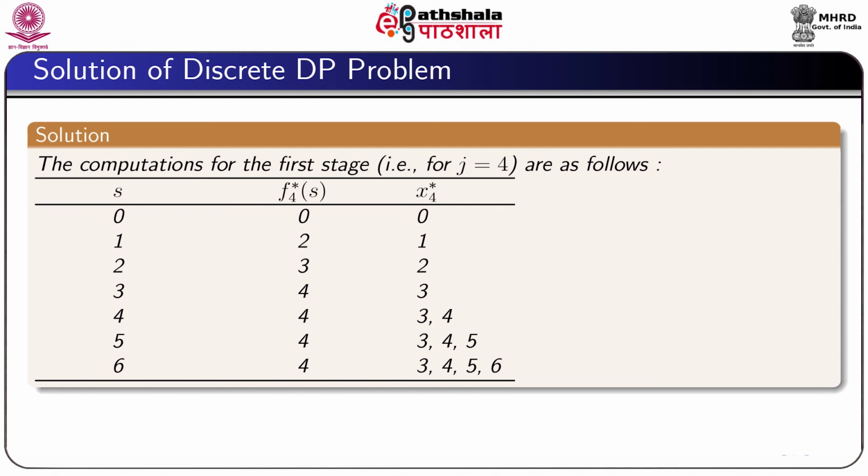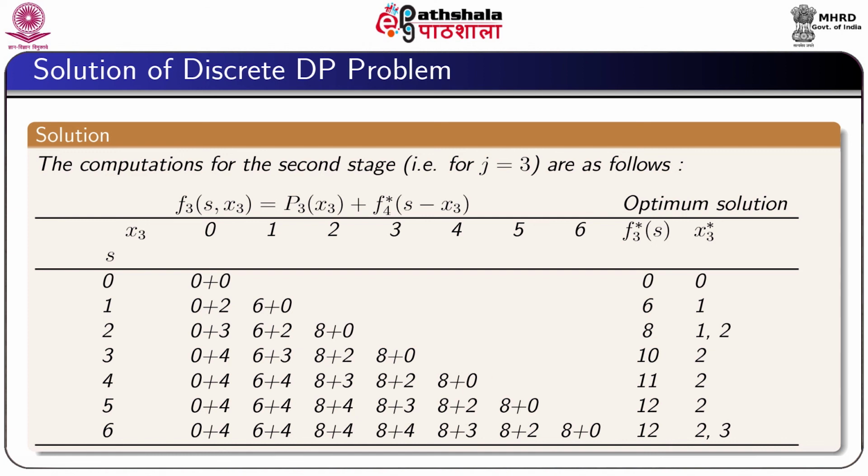Similarly, for s equal to 5 and 6, we can calculate f_4 star(s), the optimal profit. Now, this is the computation for stage 1.